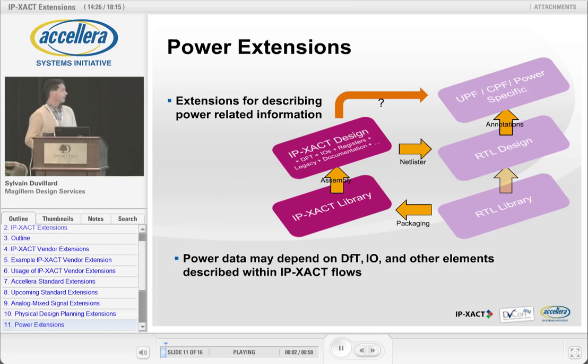So the power. Typically a lot of people need to derive CPF and UPF, and just as it is tedious to write UPF and CPF by hand, it is tedious to write UVM registers. IP-XACT has a hierarchical format, with information well structured in buses, in components, in instances.